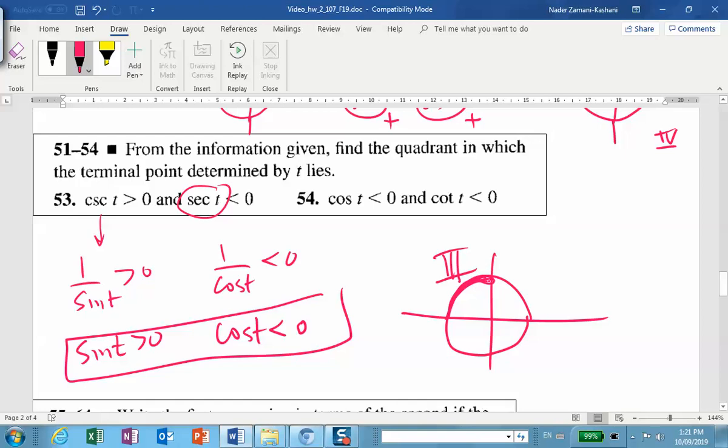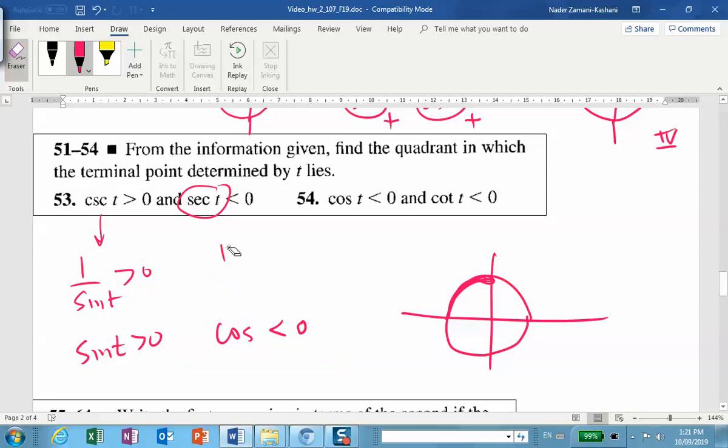Okay? All right, so that's how we do this one. Let's worry about the other one. Erase these. Move it back. Okay. So notice that cotangent.